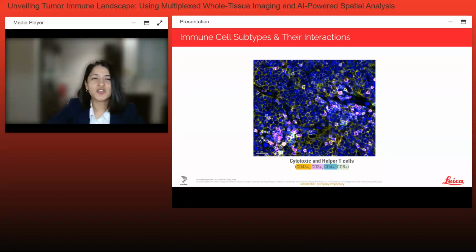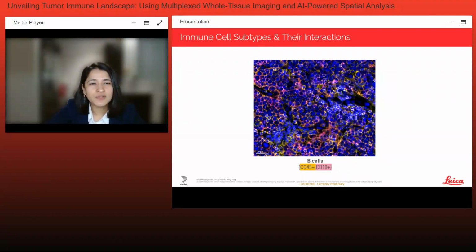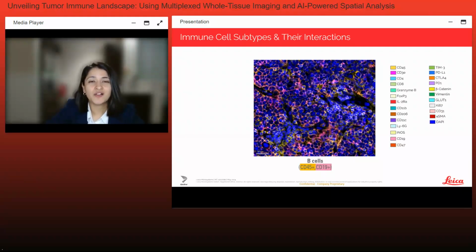Now, using this large panel of immune markers and their co-expression patterns, we can start looking at phenotypes such as cytotoxic and helper T cells shown here. And we can also see how other lymphoid cells, such as B cells, in the same field of view appear. But when it comes to looking at the entire panel of biomarkers and uncovering hidden insights from this data set, this starts getting a little complicated.